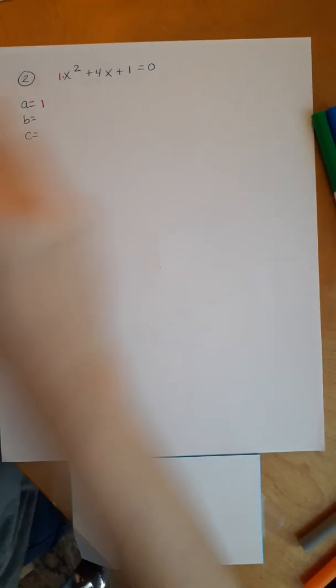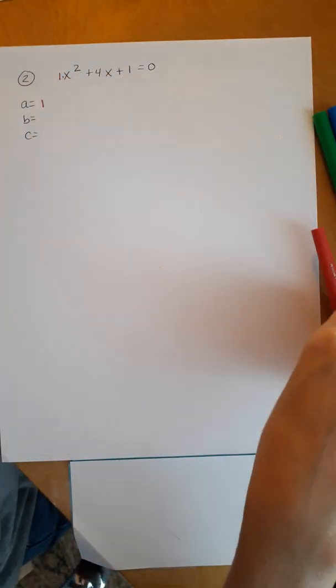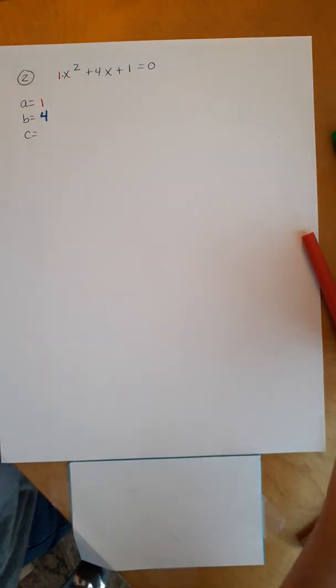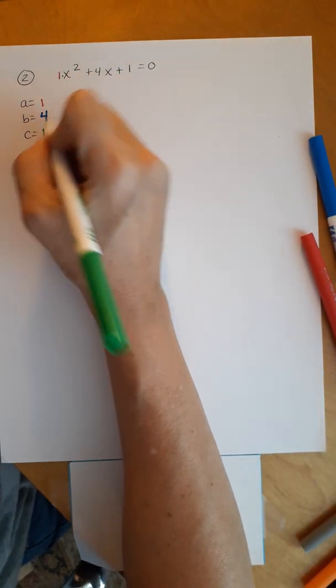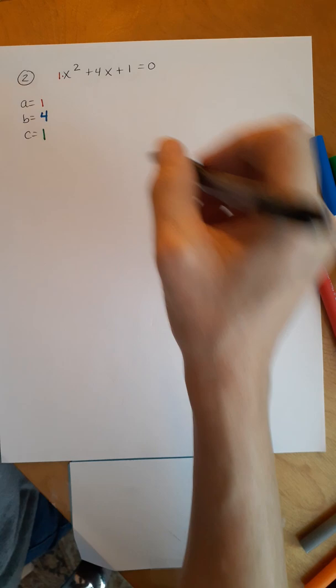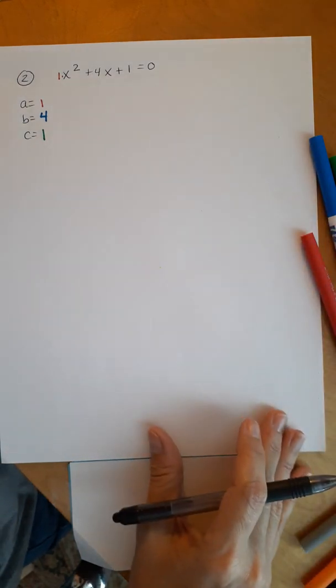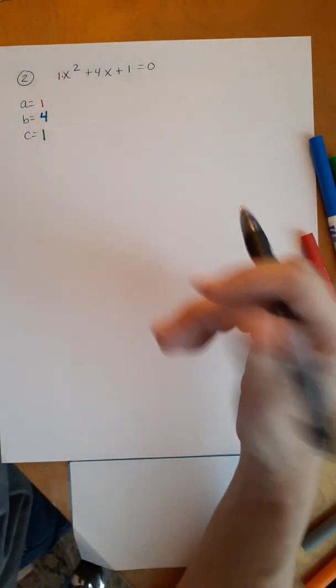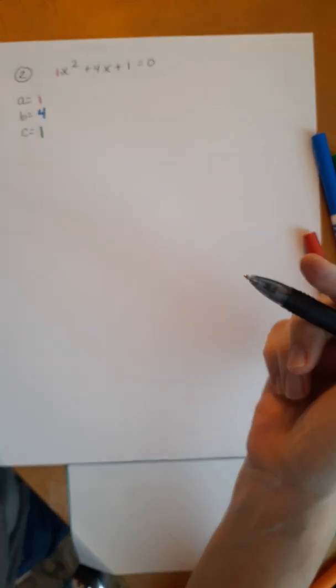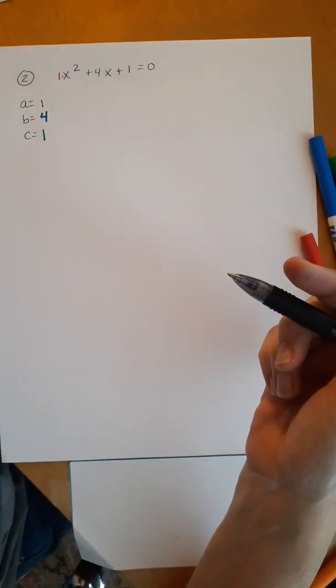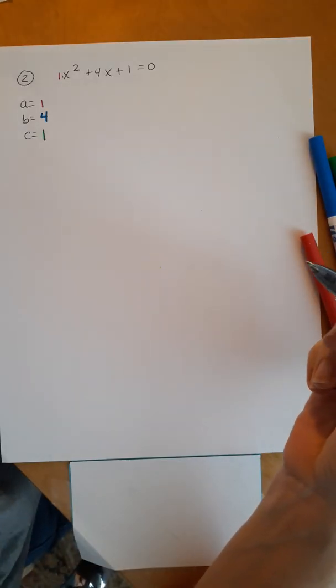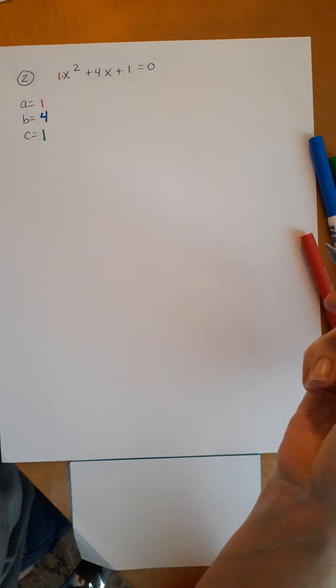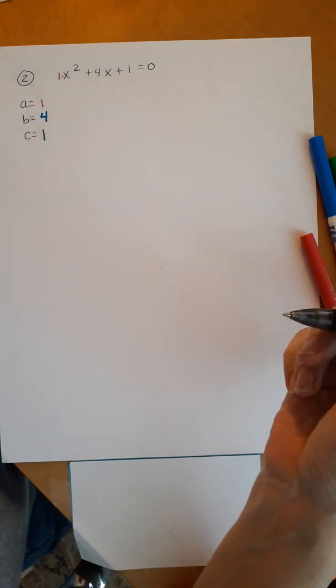B is my blue number, 4. And C is 1. I'm going to write the entire quadratic equation because the way I learned it and memorized it is I just kept writing it over and over in problems. I highly recommend that you do that, because when you take your math classes in upper level math, they're not going to give you the formula. You have to sort of memorize this.